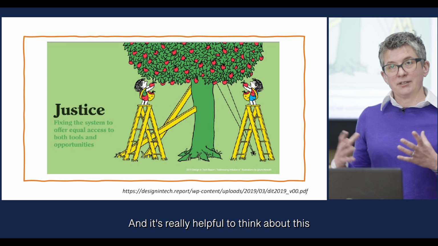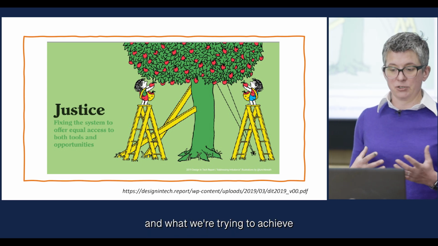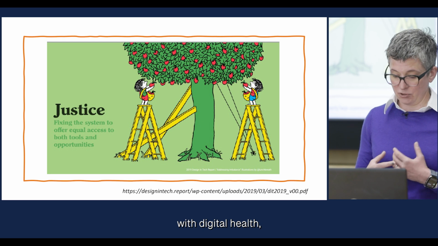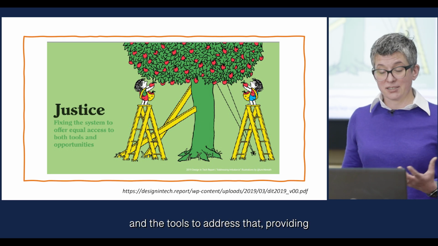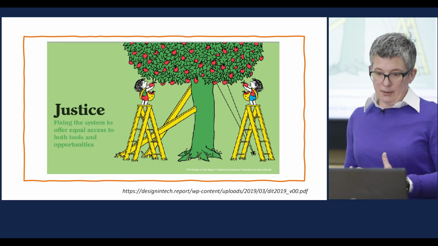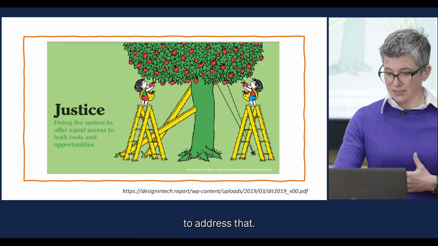And it's really helpful to think about this when you're considering access to healthcare and what we're trying to achieve with digital health, but also in terms of antimicrobial resistance and the tools to address that, providing the same opportunities and equal access to both the tools and opportunities to address that.